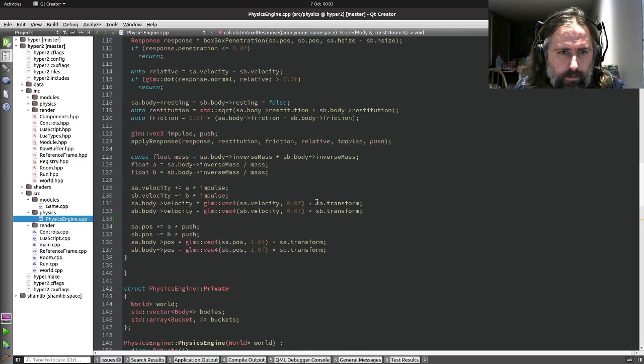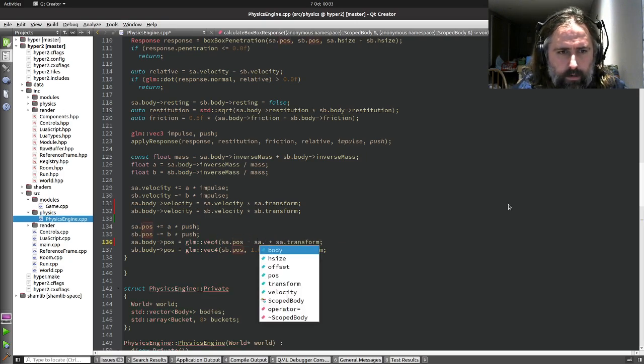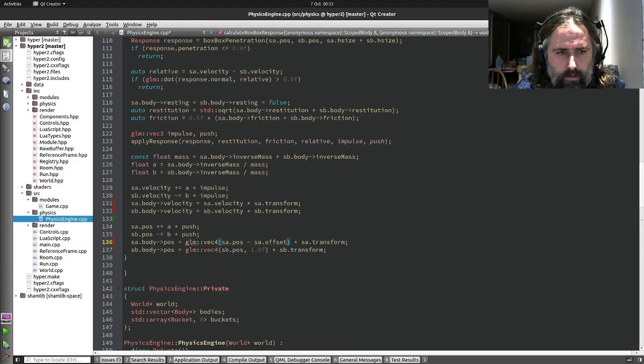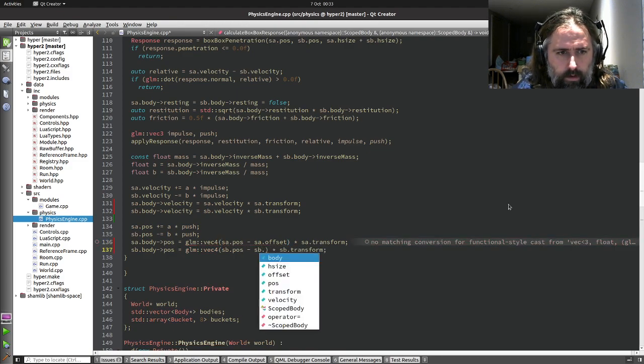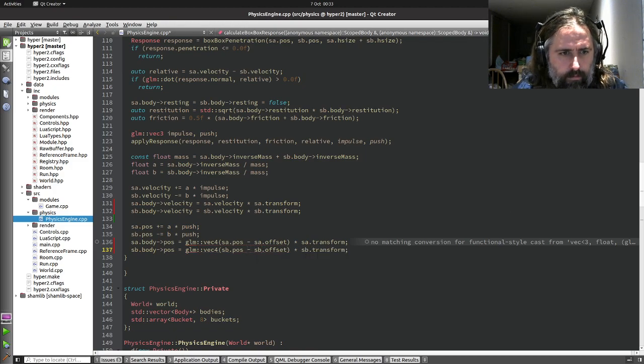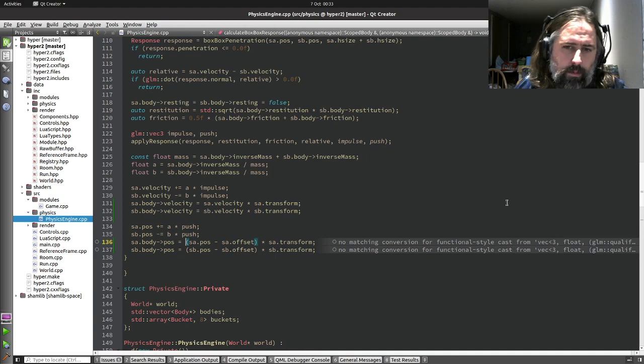Okay, easy peasy. Same here, velocity straight up, we can go through that. And position, we're going to subtract the offset there, and then write multiply, okay.